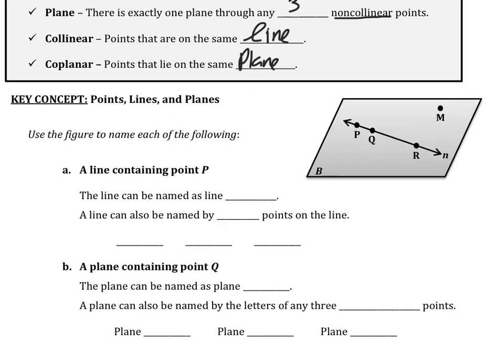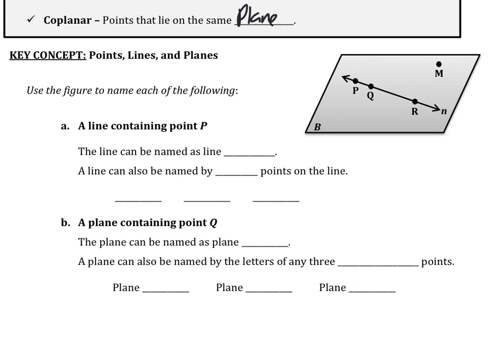Okay, so we want to be labeling these guys. So a line containing point P, and we want to name that. And we want to name it in a couple of different ways. So this line can be named as line, and then we have this special little letter out here. It's lowercase and it's at the end and it's not attached to the point. So we can call this line N if we would like.